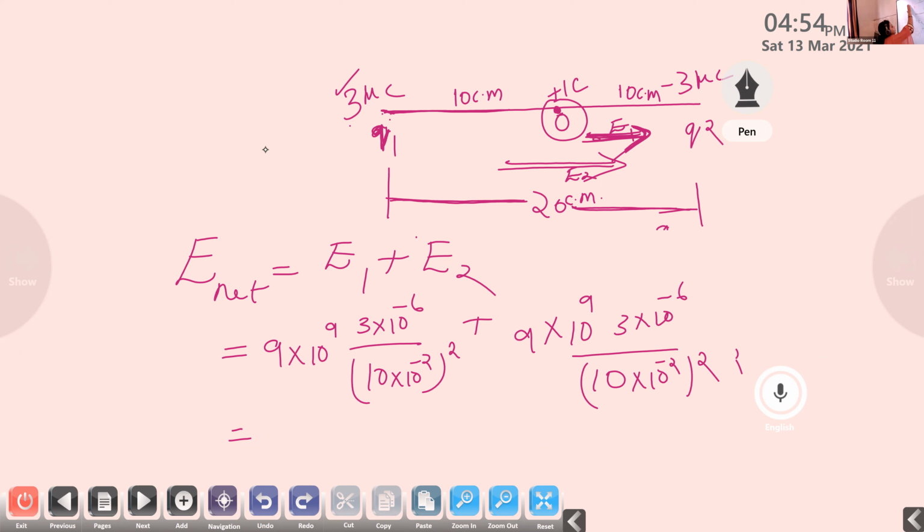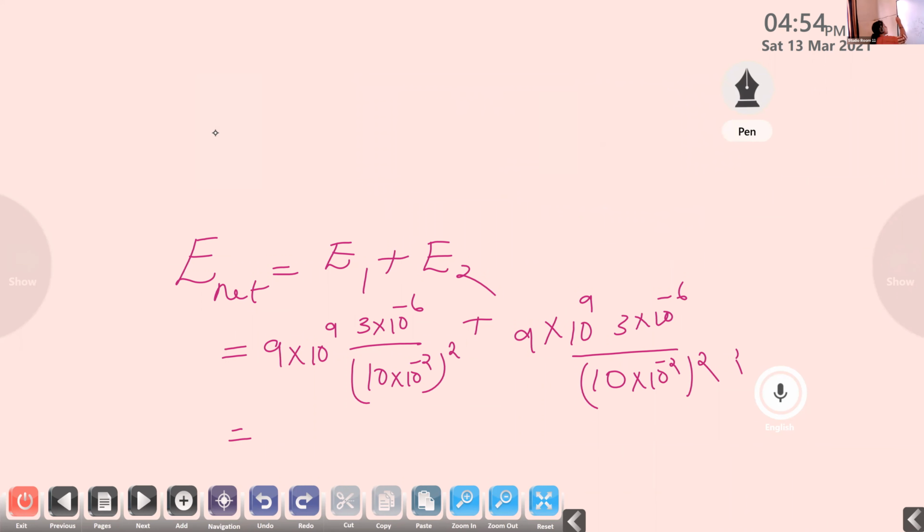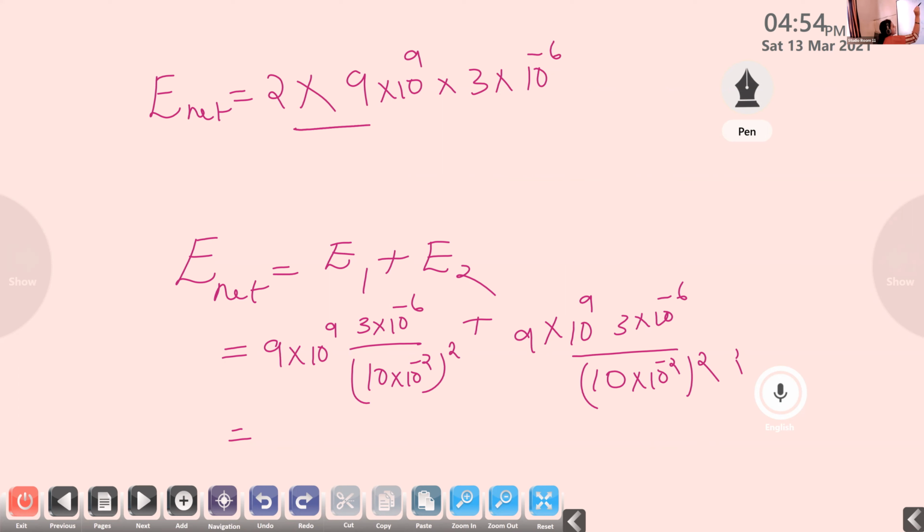The net electric field, E net is equal to 2 into 9 into 10 raised to 9 into 3 into 10 raised to minus 6 divided by, instead of writing it 2 times, we are multiplying it with 2 because these 2 terms are repeating.